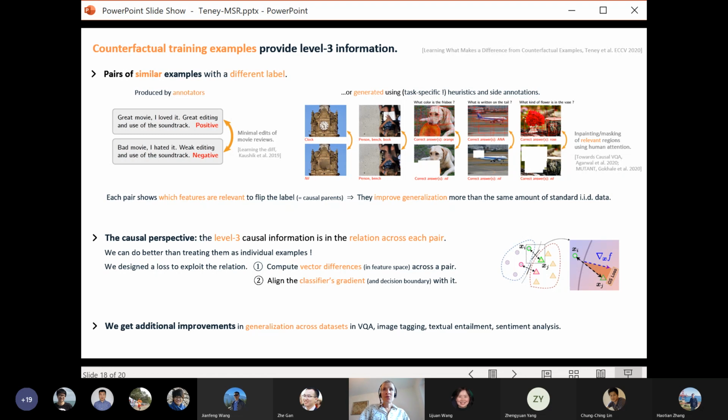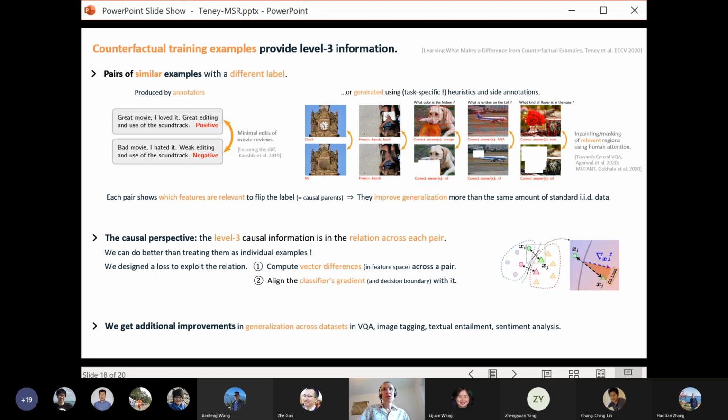So what we do is first to compute the vector differences in feature space across every pair. And then we use these vectors to align the gradient of the classifier to make the decision boundary orthogonal to this vector. So with this additional loss, we got clear improvements in generalization across the datasets in a zero-shot transfer setting.